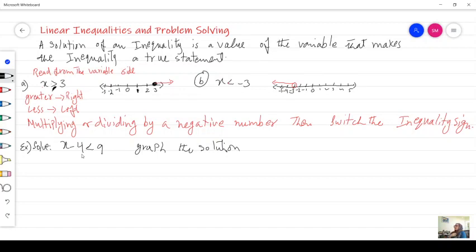In a regular equation, if you remember the 3 steps, first I have to clear fractions by multiplying by the least common denominator, clear parentheses by the distributive property, and then combine like terms. In this one, I don't have anything. And in inequality, you're just going to add this step: multiplying or dividing by a negative number, switch the inequality sign.